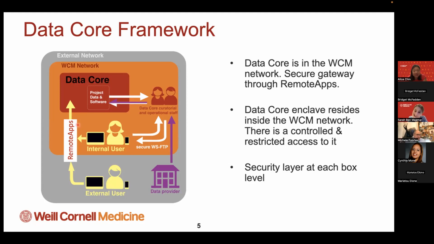Data Core is accessed through remote apps, and is available for internal users logging in on campus, and we also have the ability to securely allow users to access the core externally when they're off campus. There are controlled firewalls and encryption at each of the different layers. That's the architecture: it's layered and embedded in a secure environment that protects the data.